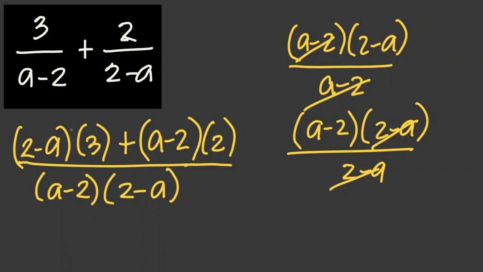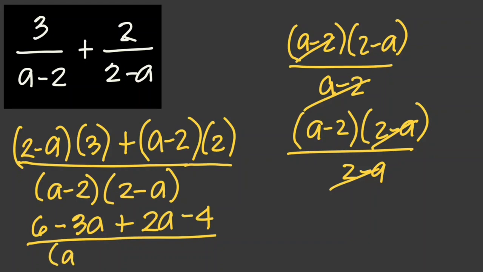We distribute 3 to the expression inside the parentheses, 2 minus a. So 3 times 2 is 6, minus 3a, plus 2 times a is 2a, 2 times negative 2 is negative 4, over a minus 2 times 2 minus a.